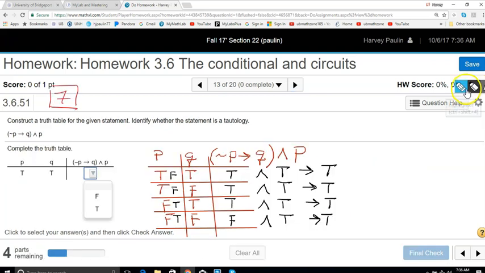Now, I spent some time working on number 7, and we want to know whether the statement, first of all, is a constructed truth table, and identify whether this statement here is a tautology, which is something that repeats itself.